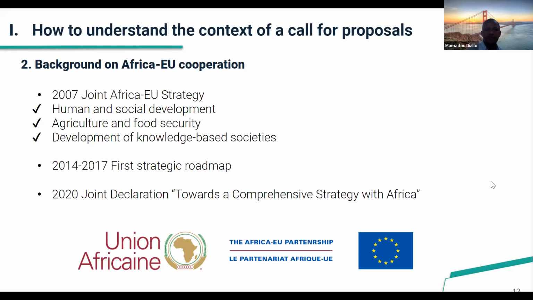In 2014-2007, so they had the first strategic roadmap, and by 2020, they had a joint declaration toward a comprehensive strategy with Africa.